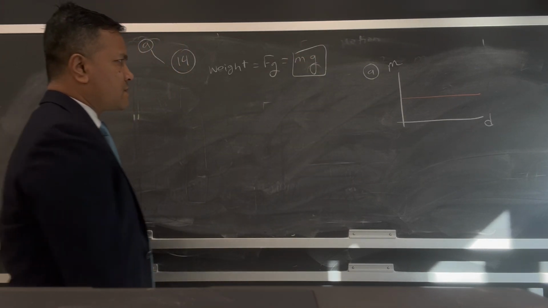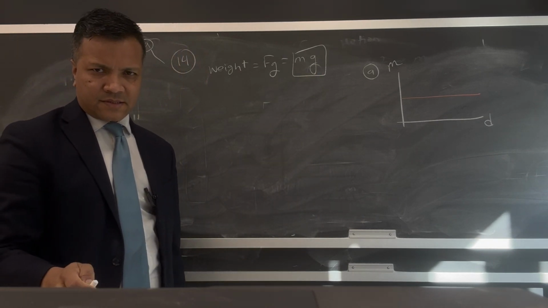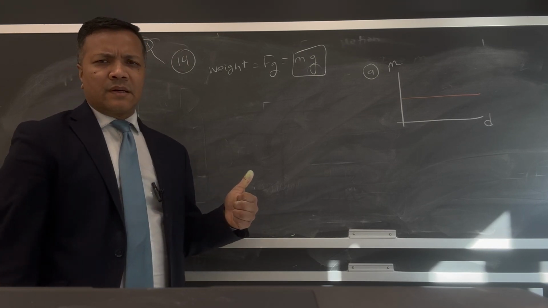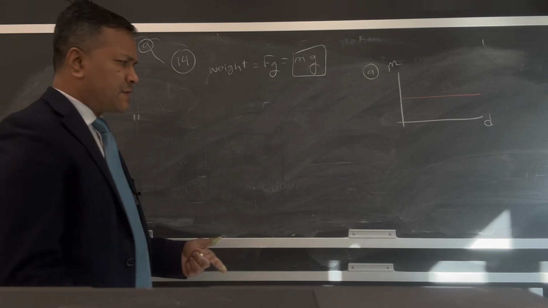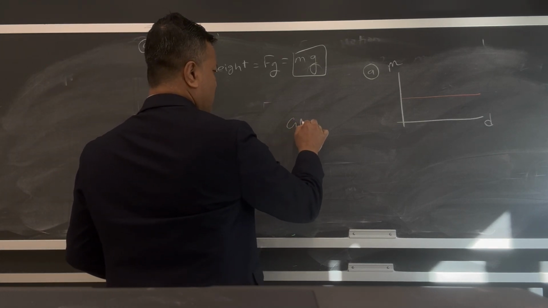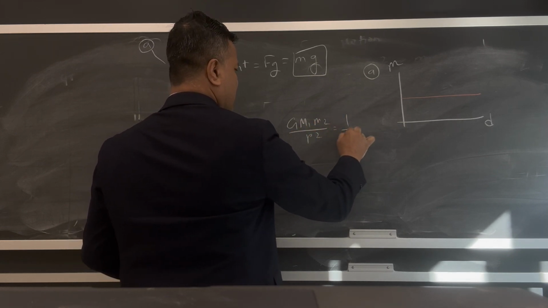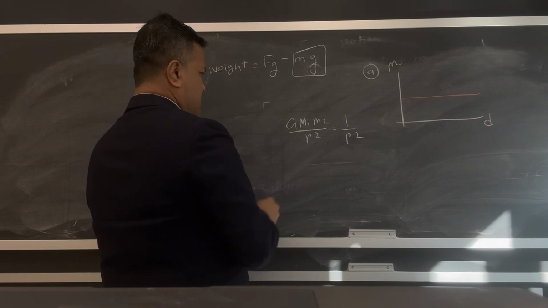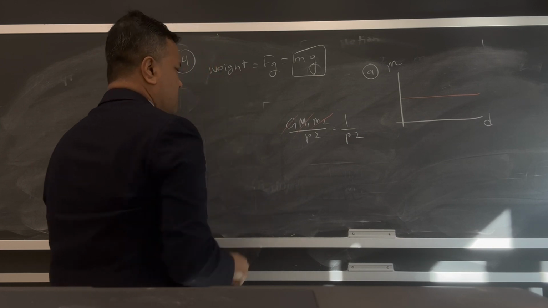So the acceleration due to gravity is different on different planets. Even so, it greatly depends on the radius. So G m1 m2 over r squared can be written as 1 over r squared, because this one doesn't matter since they are constant.